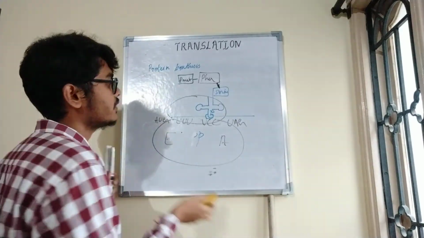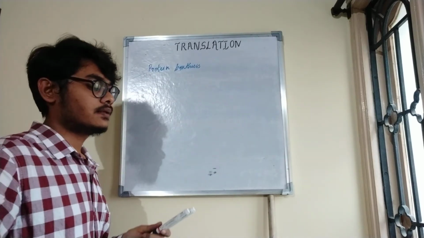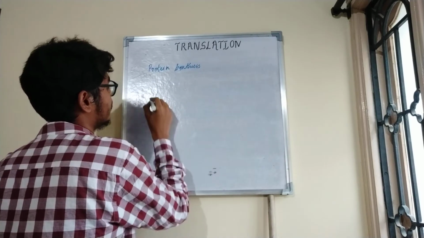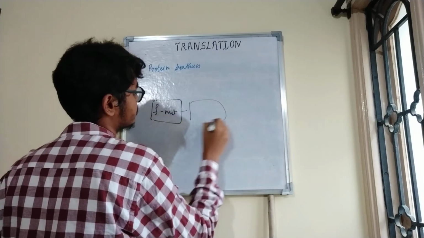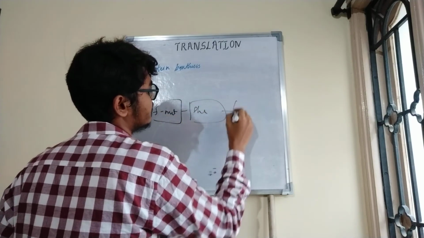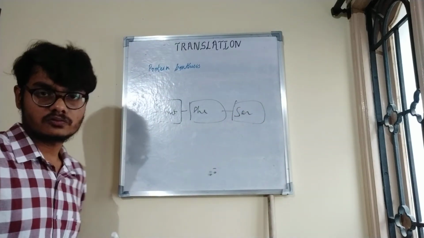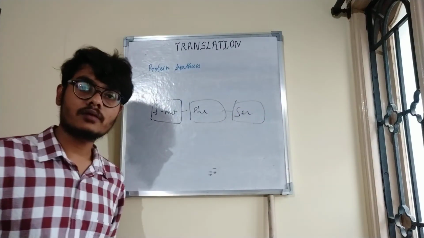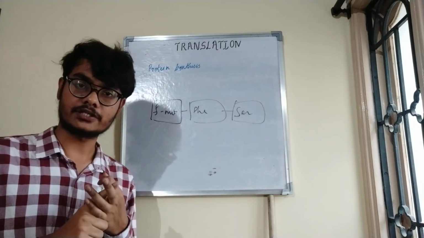And finally, what we get is the sequence of amino acids, that is FMET, phenylalanine, serine, and so on. So that's all about initiation, elongation, and termination.